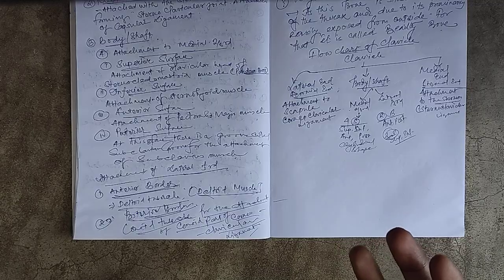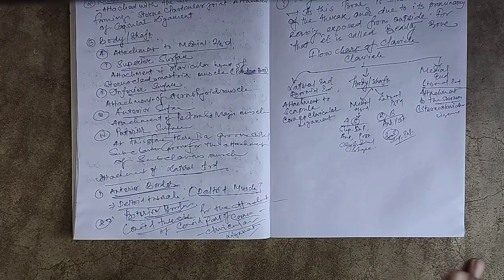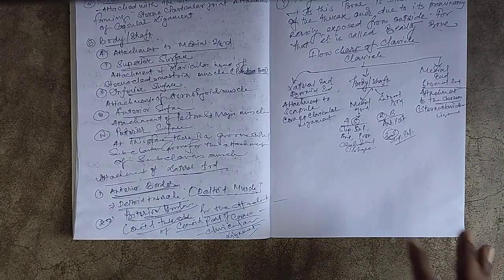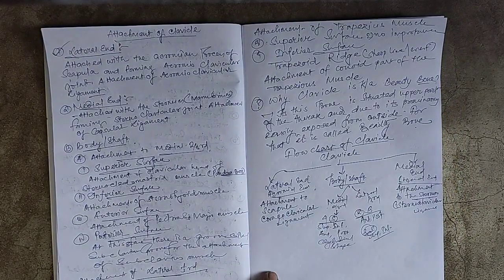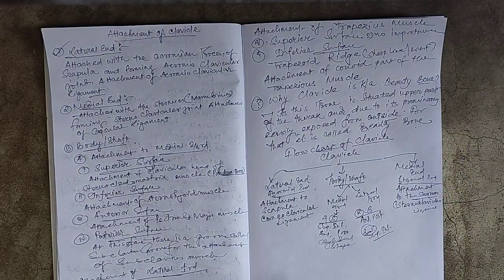Then the superior surface, there is no such importance. Then inferior surface, there is the trapezoid ridge, where is the attachment of conoid part of the trapezius muscle. Then we have a question, that is why clavicle is known as the beauty bone, as this bone is situated in the upper limb and upper part of the thorax, and due to its prominency it is easily exposed from the outside, and for that reason it is known as beauty bone.